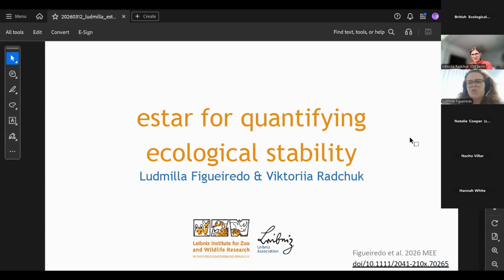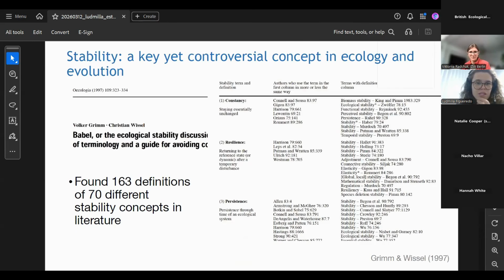I will present what estar is, a bit of the rationale behind it, and a couple of the functions. So let's go. I don't know how familiar you are with the discussion of ecology and stability in general.